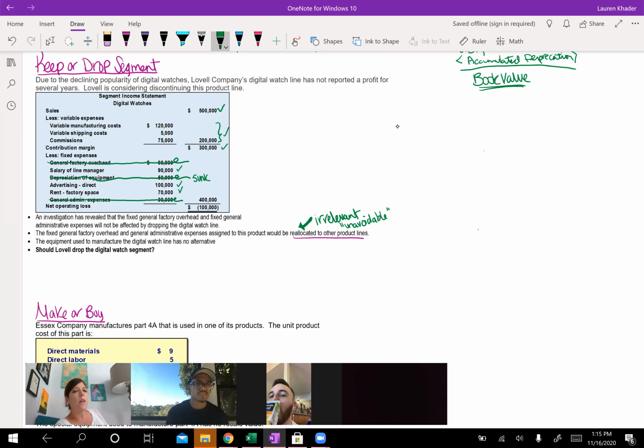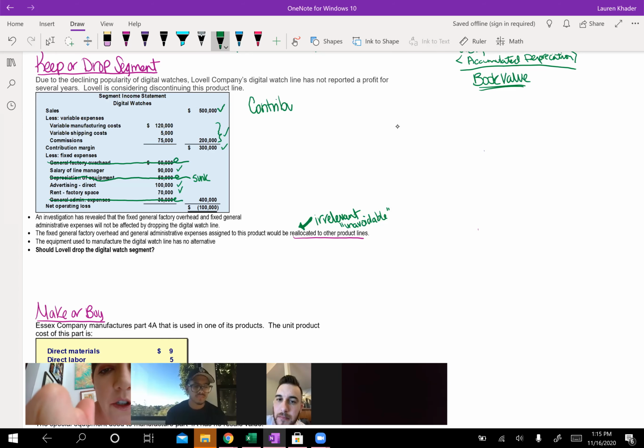With a keep or drop analysis, you're going to be comparing the contribution margin lost to the fixed costs that you're avoiding. So the first thing that you're going to include is your contribution margin lost.